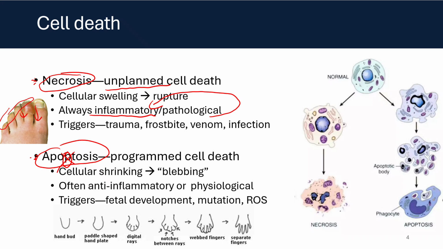So the triggers for necrosis are, generally speaking, some kind of a trauma. It can be as simple as a knife wound, a severe contusion, any sorts of those things. Like I mentioned, frostbite, not good for any tissue.